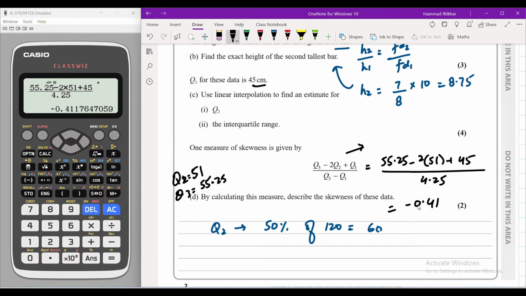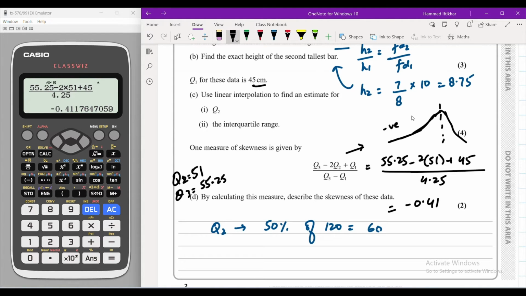The value is close to 0, so it's not that much of a problem. Negative skewness means that it has a little bit of tail to the left of the mean.